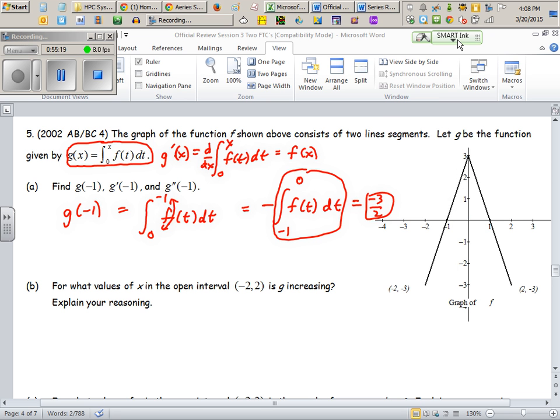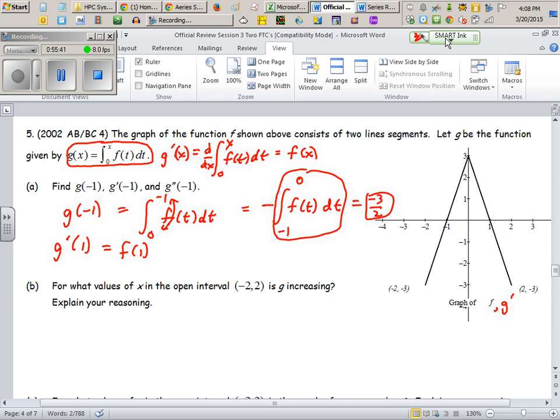So if I ask you for g prime of 1, that's really asking for f of 1. It's the same thing. See, g prime is f. This is a graph of f, but it is also a graph of g prime. So let's retitle our graph. It's not only a graph of f, it's also a graph of g prime.